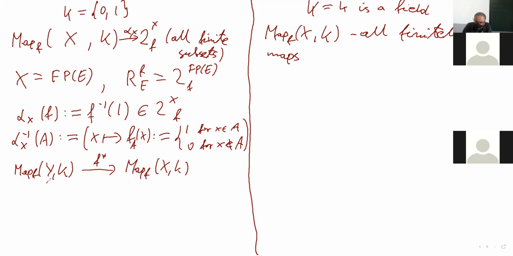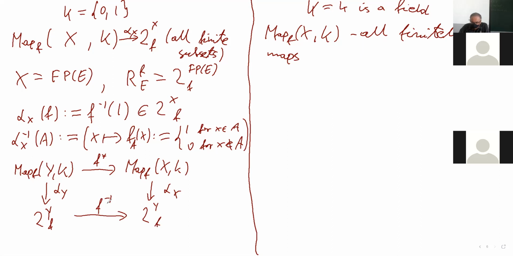And here I have my identification, alpha y with 2y f and alpha x with 2y f. And here's a preimage map. And this diagram is commutative.